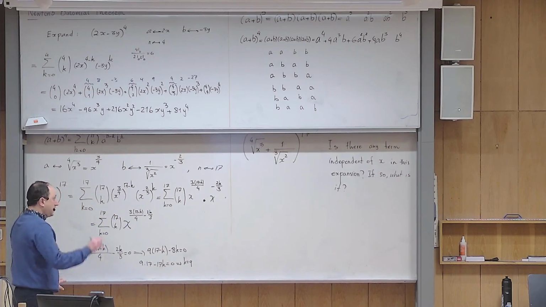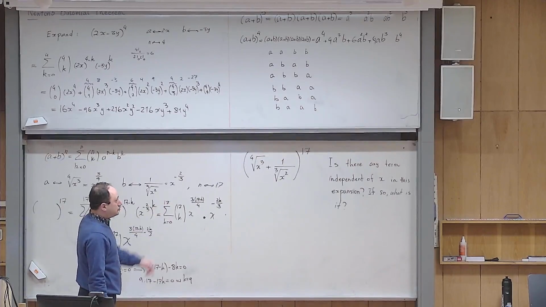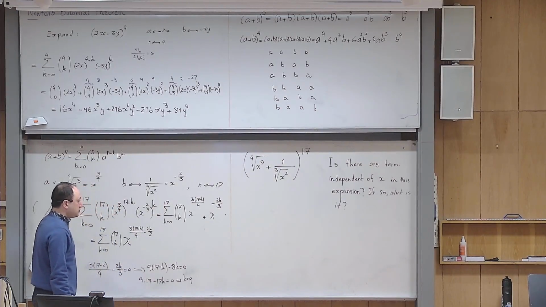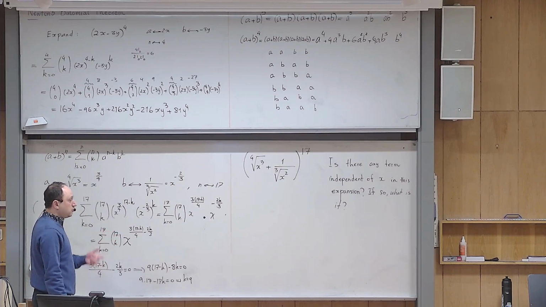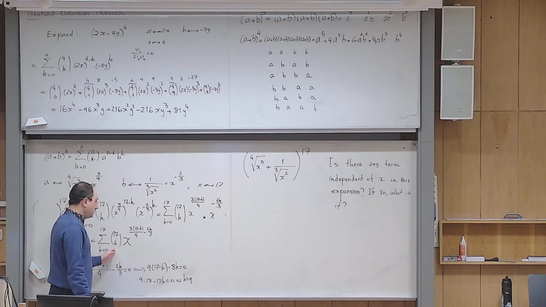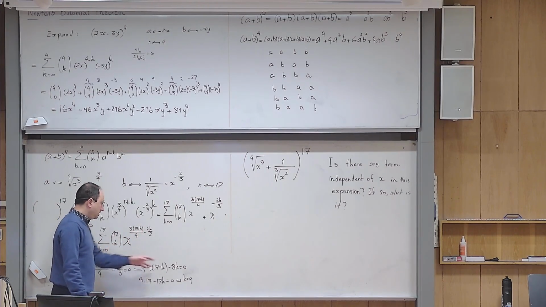But is there any term independent of x in this expansion? The answer is yes, because I was able to find an appropriate value for k. But they have asked you, if so, what is it? It means that you go back here and replace k with 9.